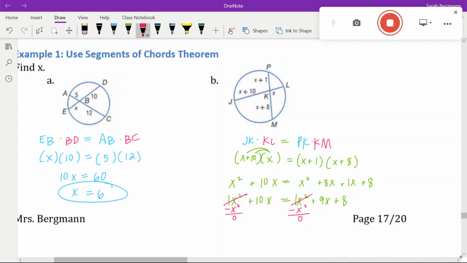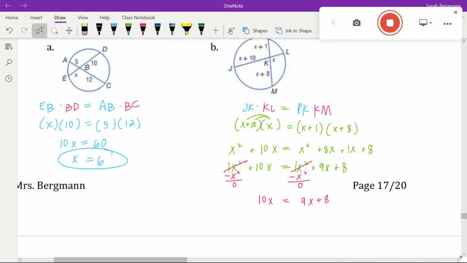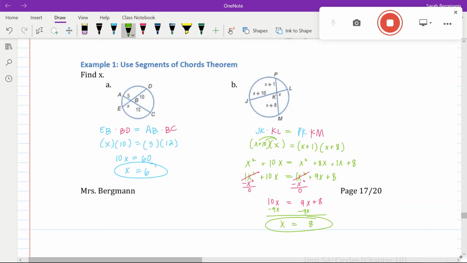So what we have now is just 10x equals 9x plus 8. To solve this, you get all the x's isolated on one side. I would subtract 9x on both sides. That gives me 1x equals 8. Therefore, x equals 8.